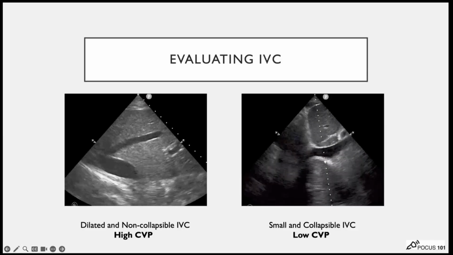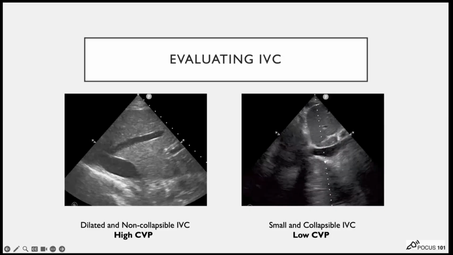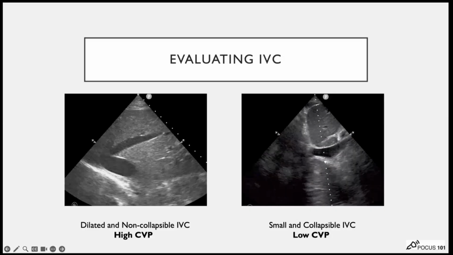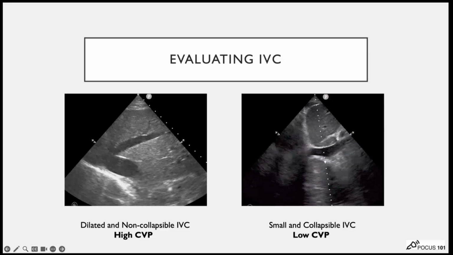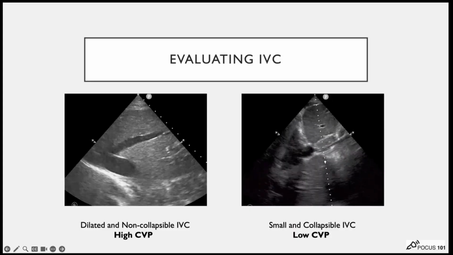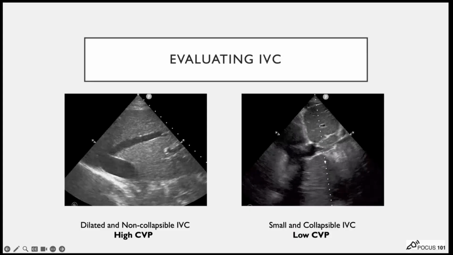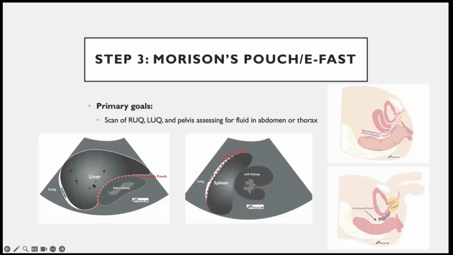You can place your probe just under the xiphoid and slide about 1 to 2 centimeters over to the patient's right-hand side, and you should be easily able to find the IVC. Again, you're going to be measuring both the diameter of the IVC and the response to patient inspiration during this exam.